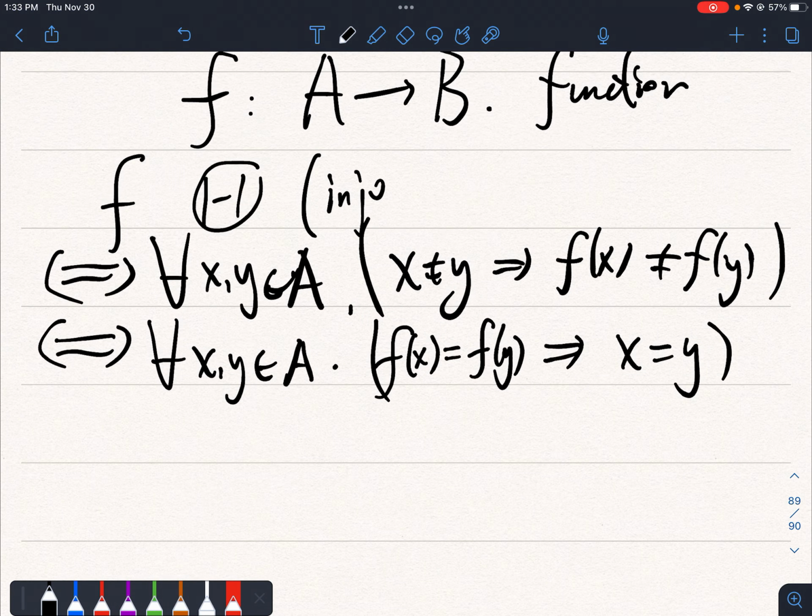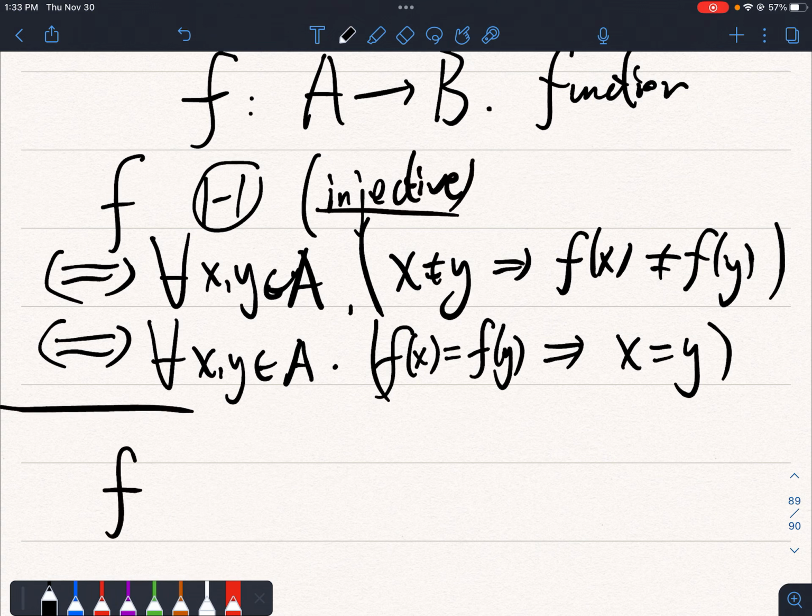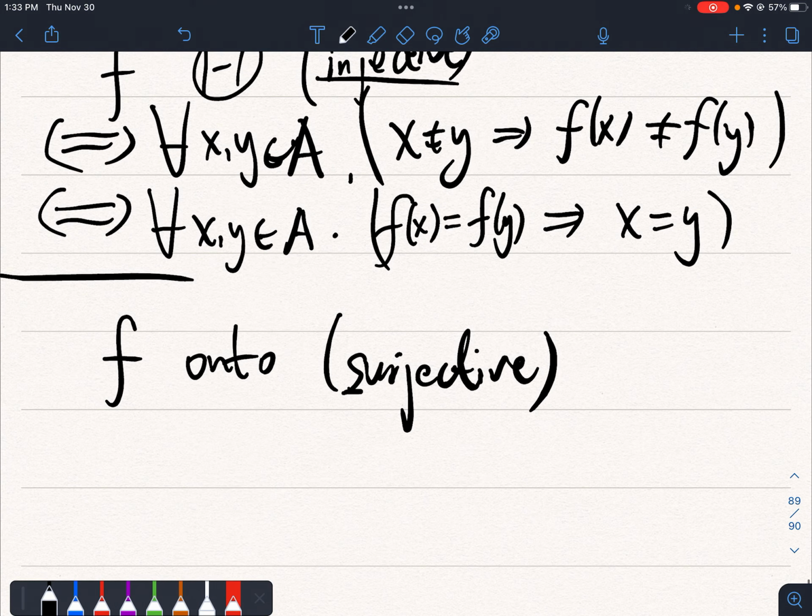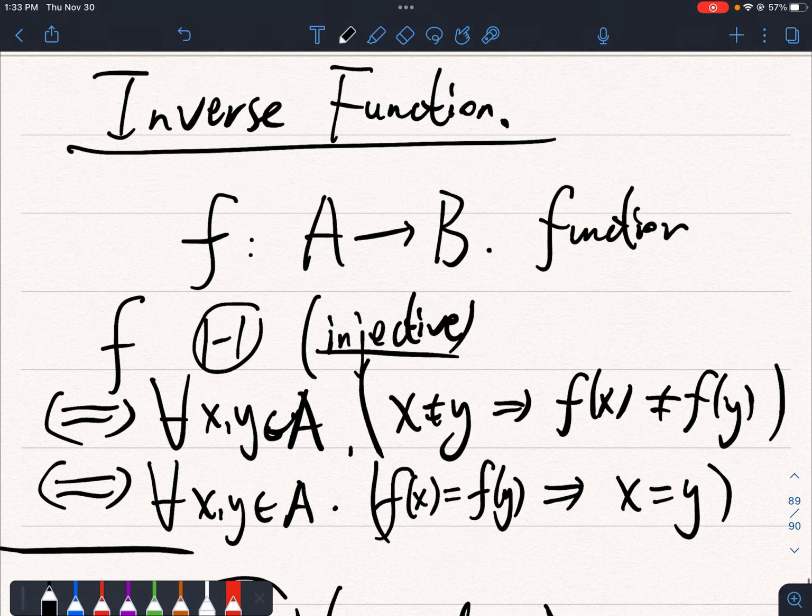If that's the case, then we say the function is onto, or surjective. So 1-to-1 is also called injective, and onto is also called surjective.